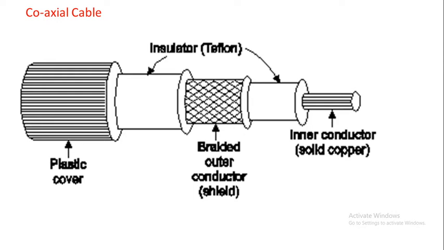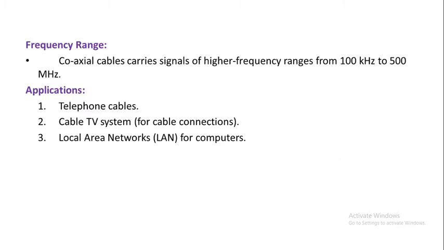If you take a cross section of a coaxial cable, there is an inner conductor, then an insulator of Teflon material, then an outer conductor shield, and above that a plastic cover. This is the coaxial cable structure. These coverings are used to minimize interference or to reduce the losses.